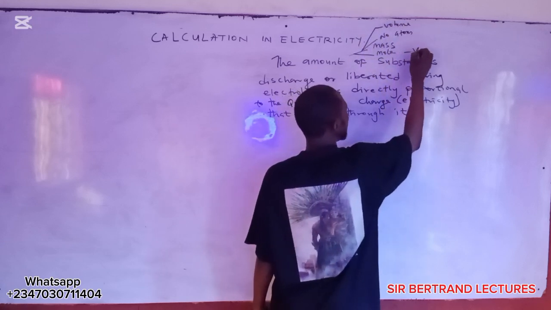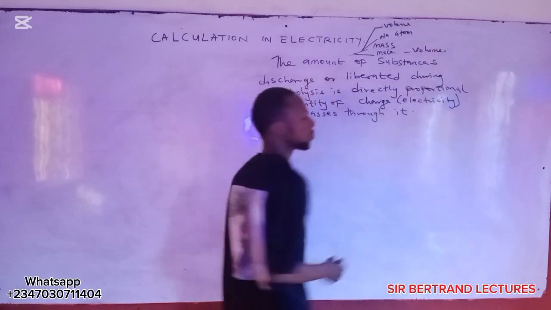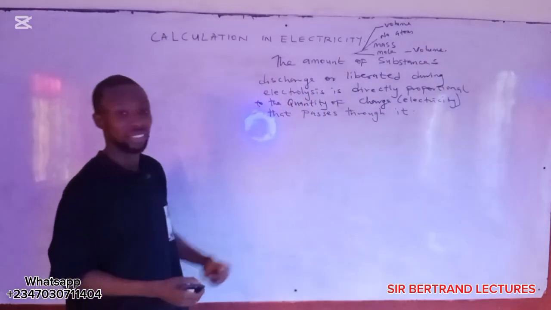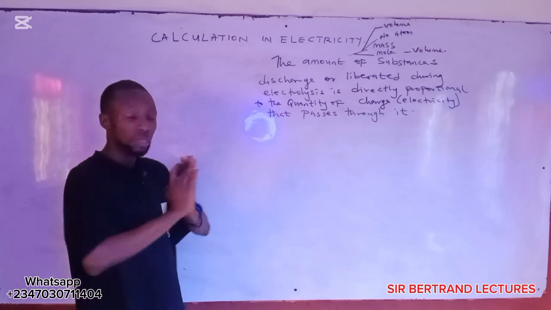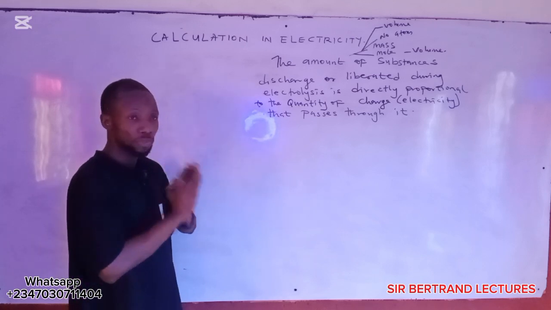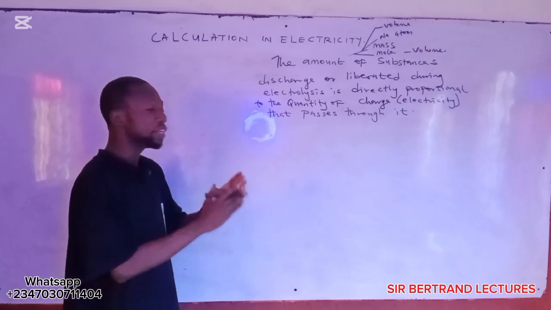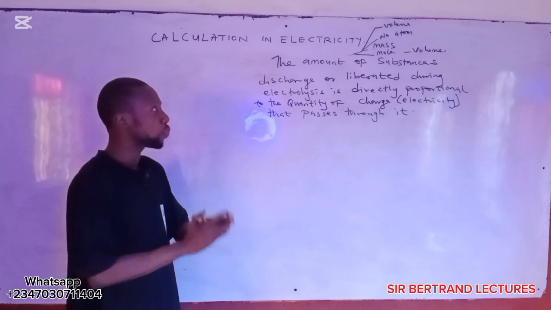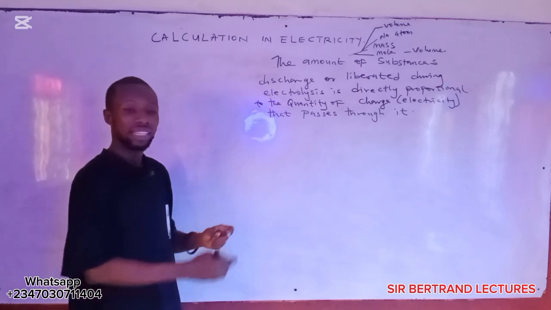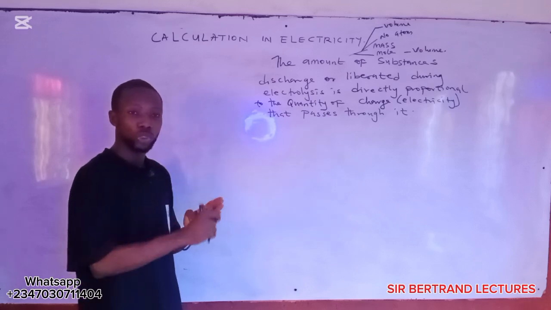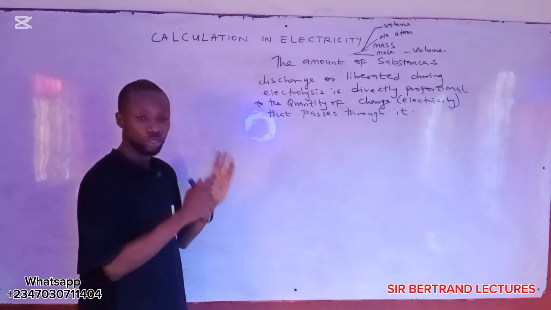So whatever amount of substance is liberated, if it's measured in volume, you solve with volume. If it's measured in mole, you solve with mole. Whatever mass is liberated is directly proportional to the quantity of charges that passes through it.